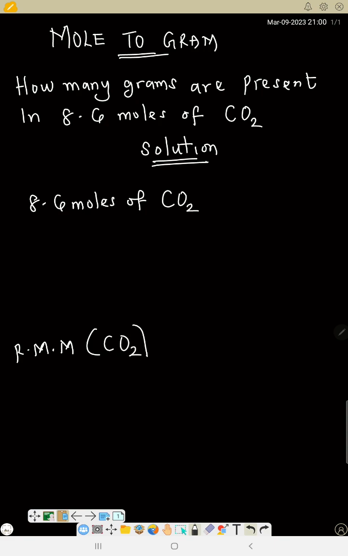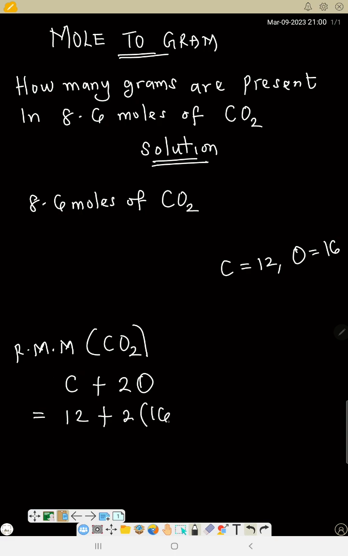So here you have to know that carbon, it will be given in the exam. So know that carbon is 12, oxygen is 16. So that means this will be 1 carbon plus 2 oxygen, as in O2. So this will be equals to 12 plus 2 times 16. We've done the video on relative molecular mass.